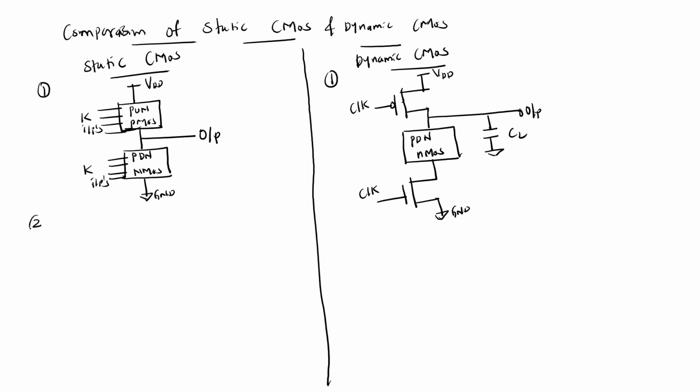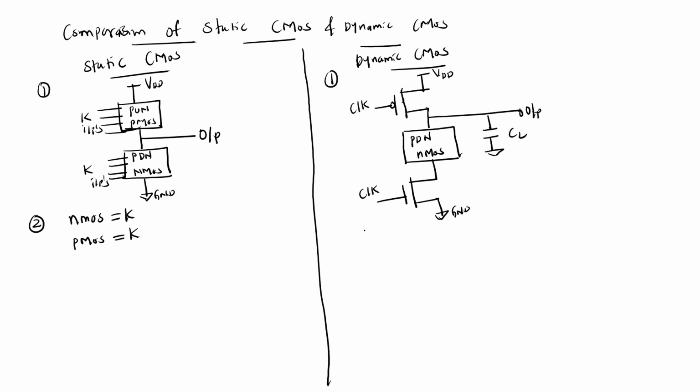Second difference: for static CMOS, how many NMOS are there? K NMOS, and K PMOS, since that many inputs are connected.